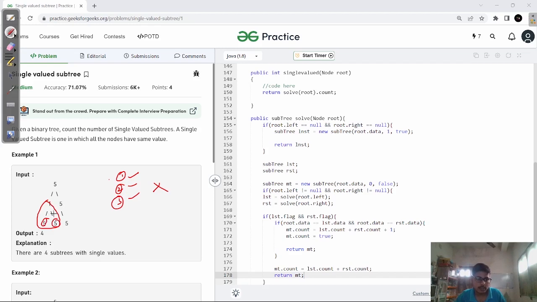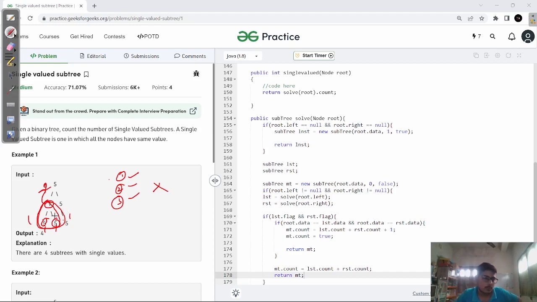This and this, right? So I can't give my count as 0 because I have two subtrees, this one and this one, which are single value subtree. So I have to give the count as 2, which are this one plus this one. I am calculating the case of being a subtree for myself by adding 1 to the left subtree plus right subtree result.